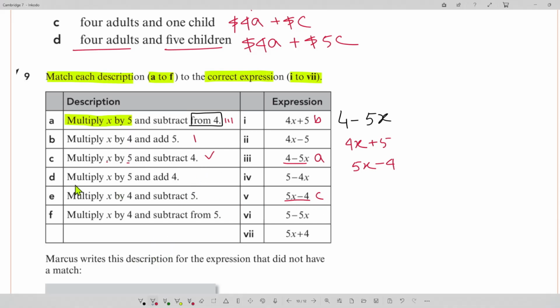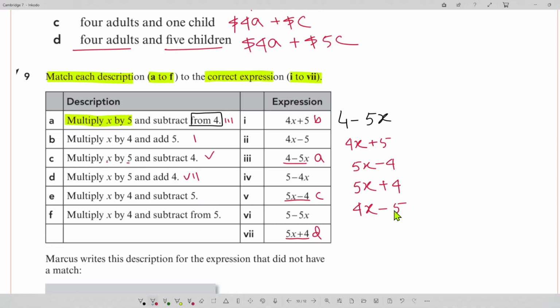Then D: multiply x by 5, it means 5x, and add 4, plus 4. So 5x plus 4, this is D and this is number 7. E: multiply x by 4, it means 4x, and subtract 5, minus 5.